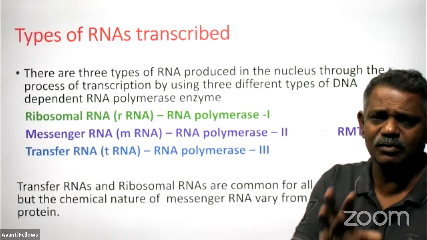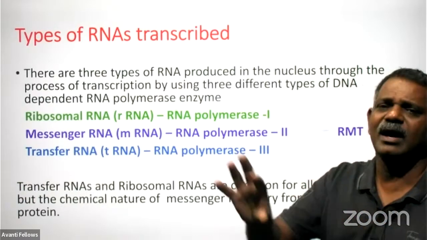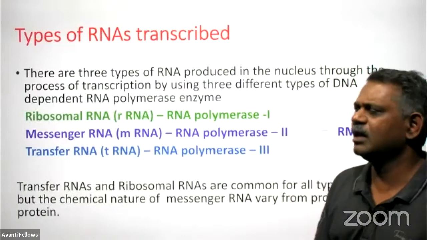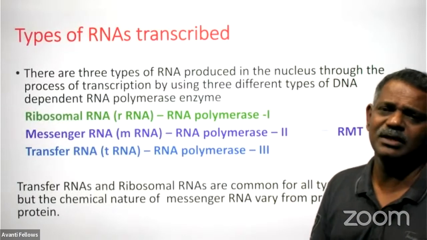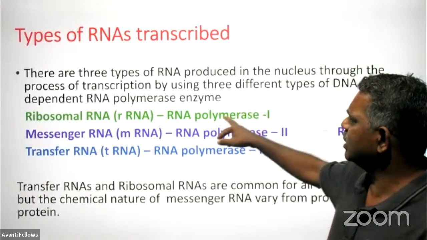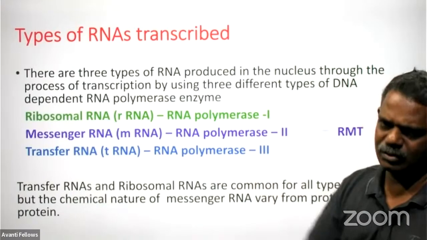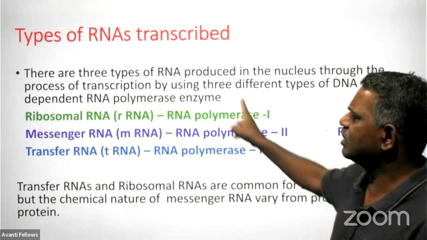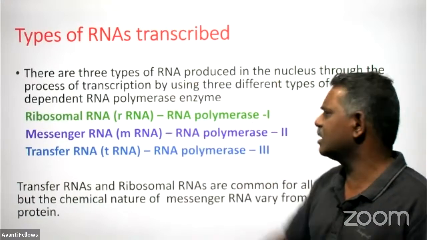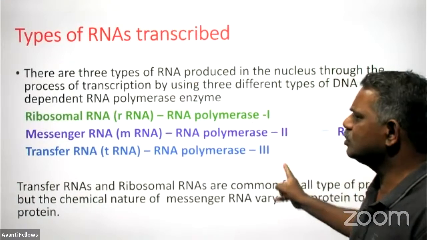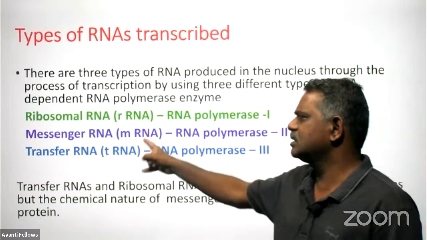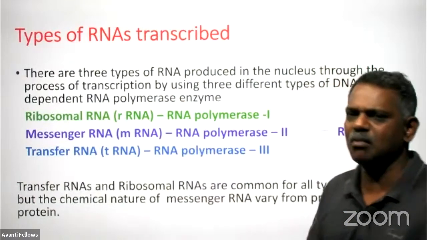The enzyme used for the elongation of an RNA strand from the DNA by using the DNA as a template. To produce the ribosomal RNA, RNA polymerase 1 is used, for synthesizing the rRNA. RNA polymerase 2 is used for synthesizing the messenger RNA or mRNA.